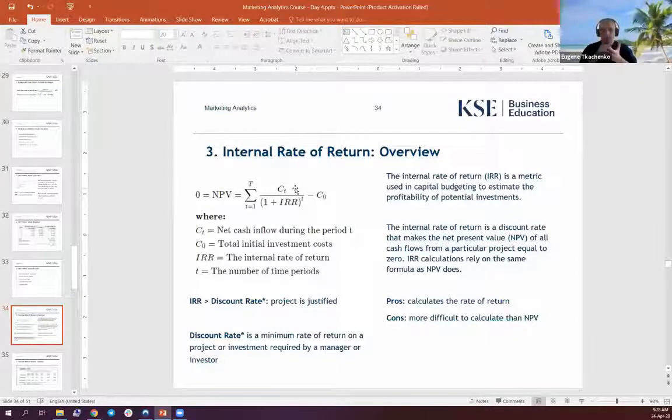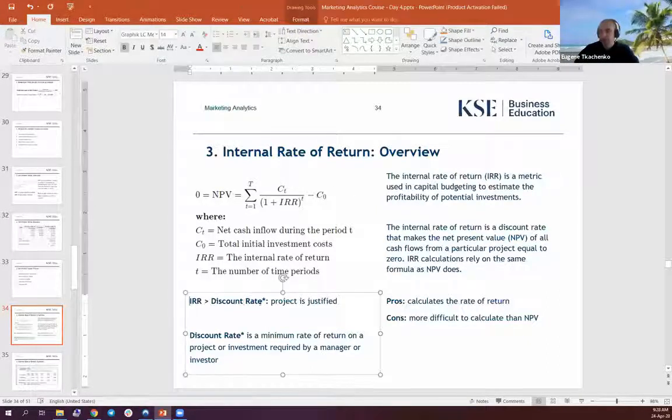And if you have budget constraints, an investor is a smart person and says, okay, I'm expecting this project to deliver 10%. Because of your calculation, the internal rate of return is higher than 10%. So you're seeing that the internal rate of return is higher than the discount rate, than the expectation.